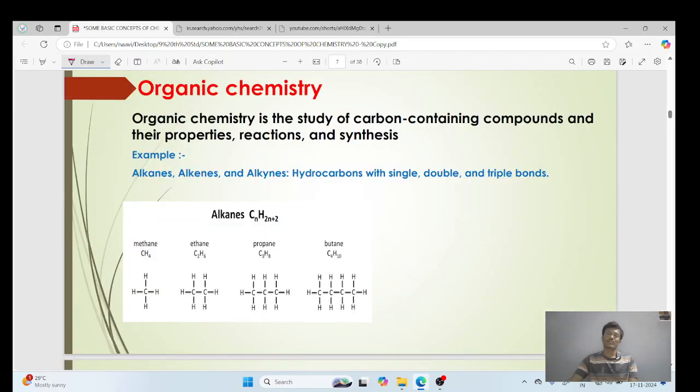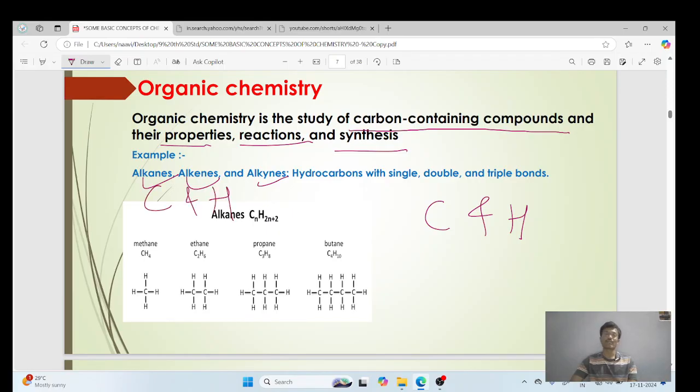Next, organic chemistry. In organic chemistry, we study carbon-containing compounds and their properties, reactions and synthesis. Organic chemistry mainly focuses on carbon and hydrogen. Examples are alkanes, alkenes and alkynes, which have single bonds, double bonds and triple bonds.